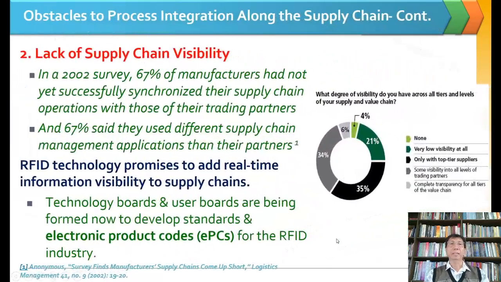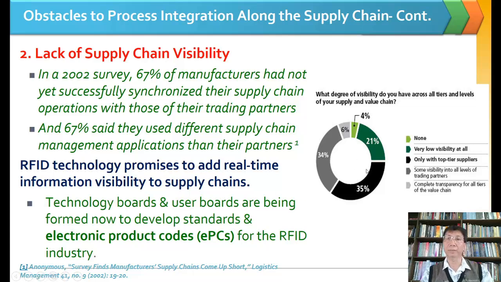And the second is the lack of supply chain visibility. In one survey in 2002, 67% of manufacturers had not yet successfully synchronized their supply chain operations with those of their trading partners.